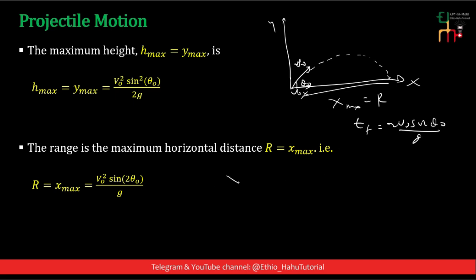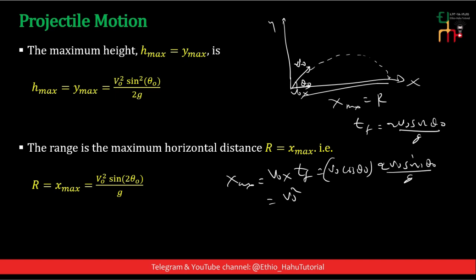Then x max is equal to v naught x times Tf, because v naught x is the same as vx. V naught x is v naught cos theta naught times Tf, which is twice v naught sine theta naught divided by g. This is equal to v naught square times 2 sine theta naught cos theta naught divided by g.